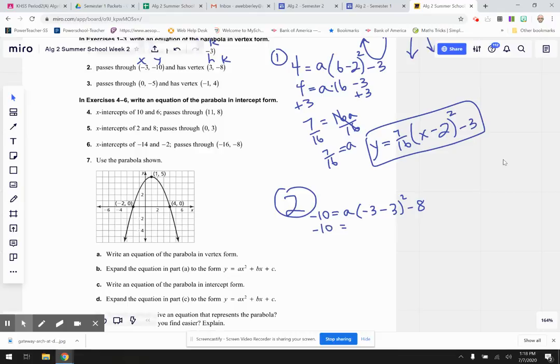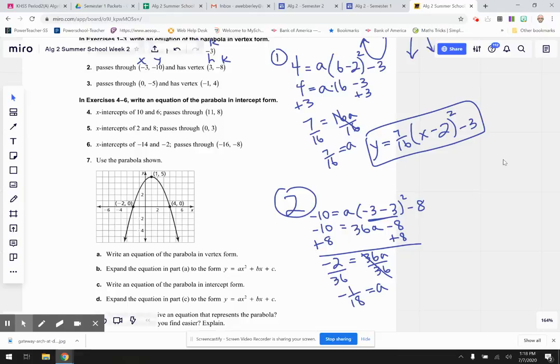That's going to be negative 6 in here. Negative 6 squared. Negative 6 times negative 6 is positive 36 times a, and then minus 8. So we need to add 8. And so you're going to get negative 2 equals 36a, and then divide by 36. So a equals, and you can reduce that, cut them both in half, you get negative 1/18.